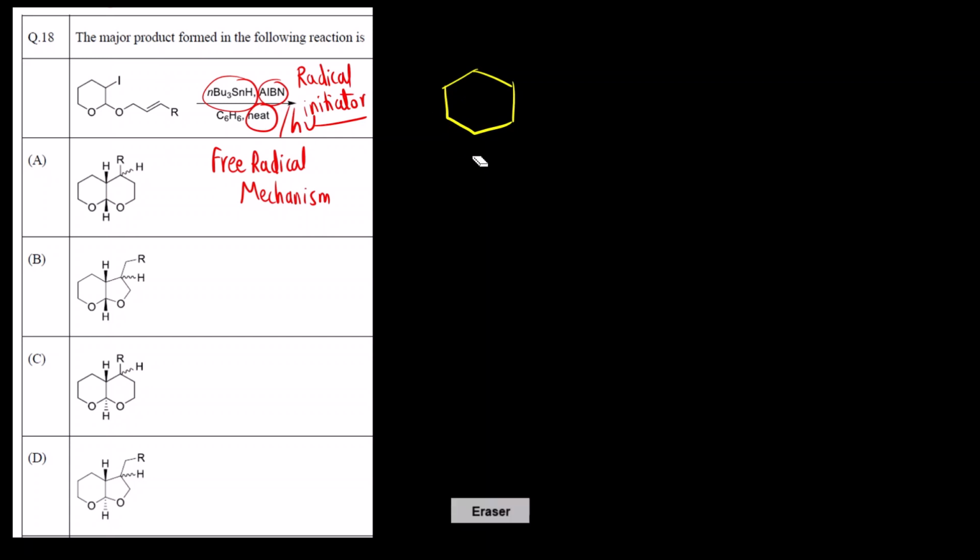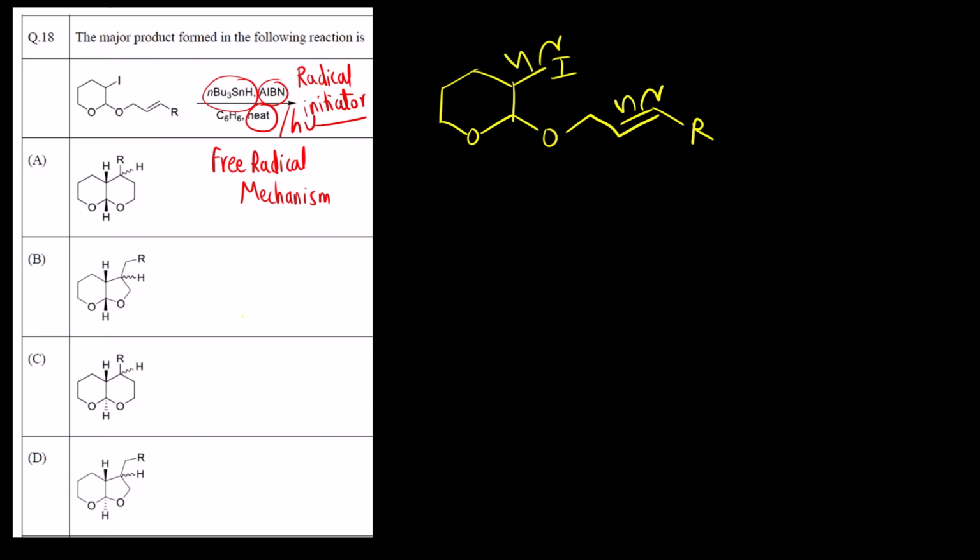Here I have oxygen, and here we have iodine, oxygen double bond R. Now what we have to do is homolytic cleavage. We will break both these bonds. The iodine goes away, and we get a radical here and here.